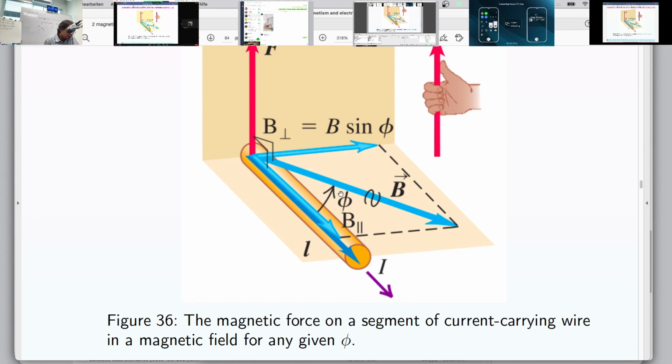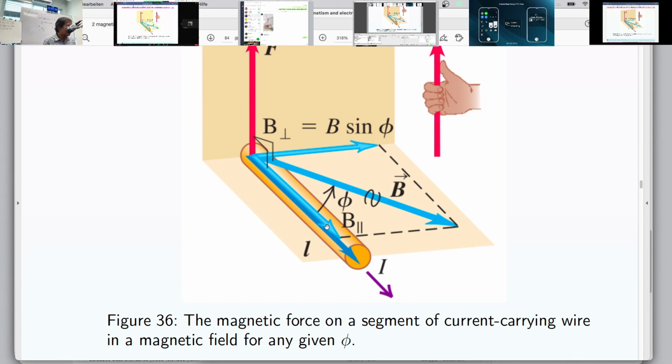Vector B can be decomposed into 2 components, right? The first one, of course, with the angle phi: if you project it onto the same axis as the conductor, nothing will happen because L and B are in the same direction.